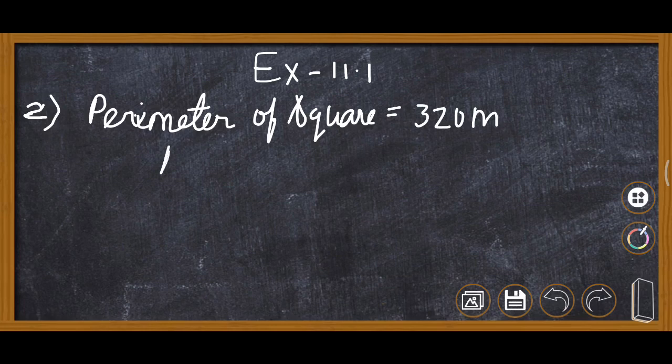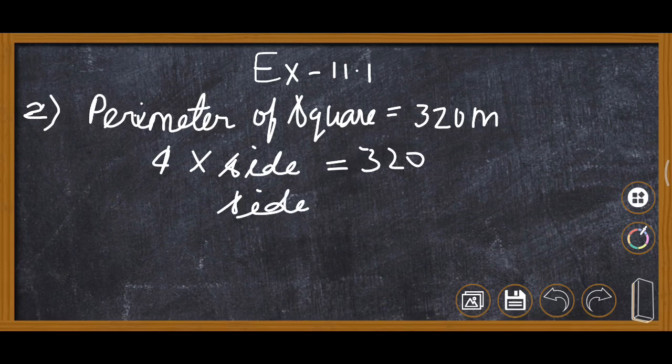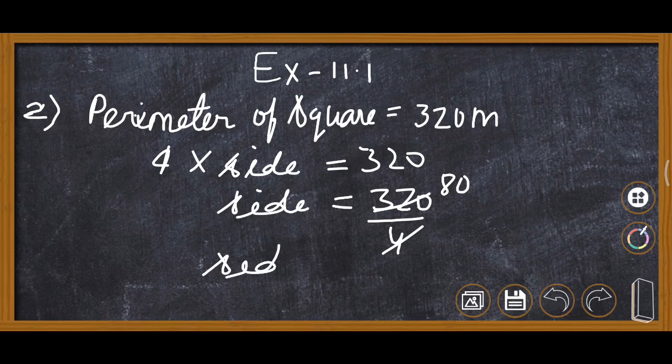So we know that perimeter formula is 4 into side, and 4 into side is equal to 320 meter. Then we will find the side. Side is equal to 320 upon 4. Now we will reduce this by 4, then it is 80. Now side is equal to 80 meter.